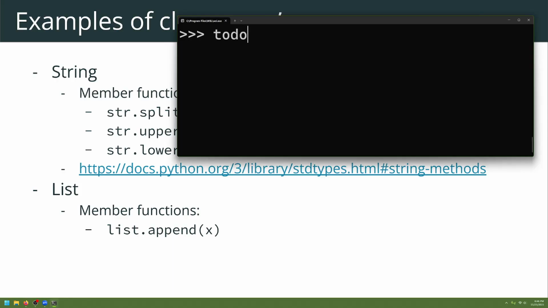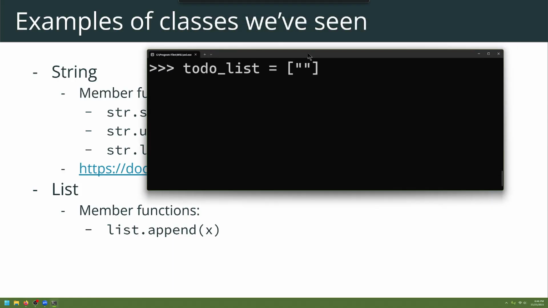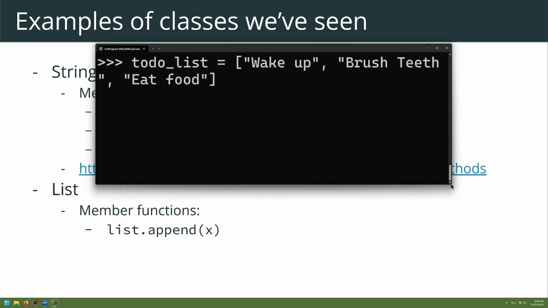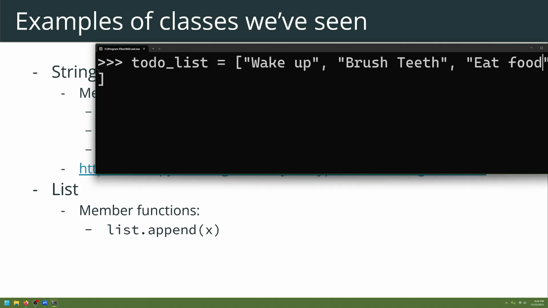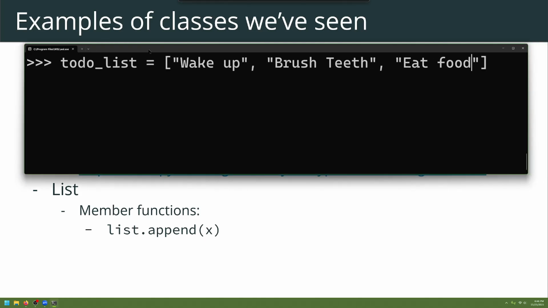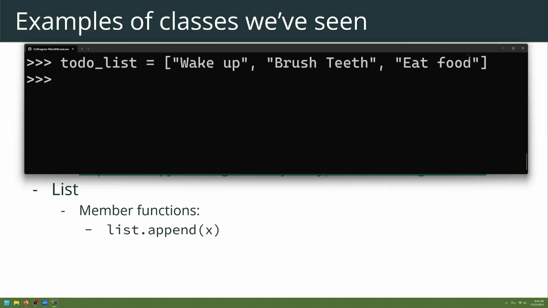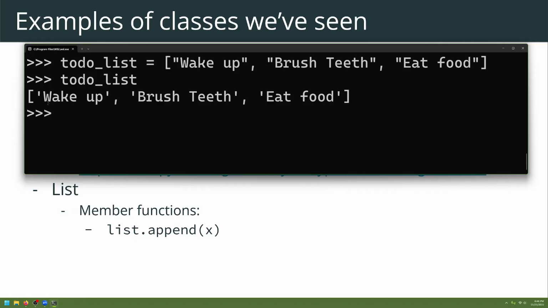Let me say to-do list is equal to, and I'm just going to hard code 3 strings here: wake up, brush teeth, and eat food, whatever. So I'm declaring a list, initializing a list. There it is. Press enter. So our to-do list has 3 items in here.